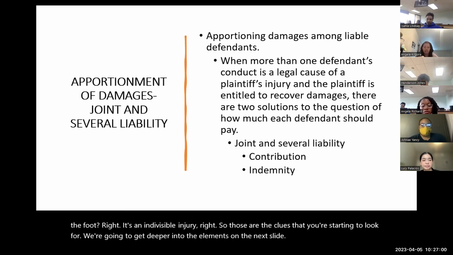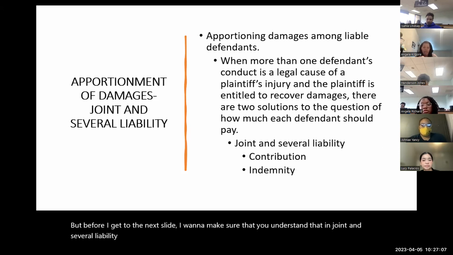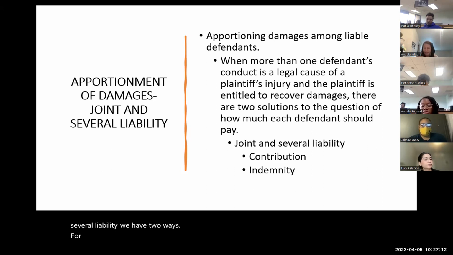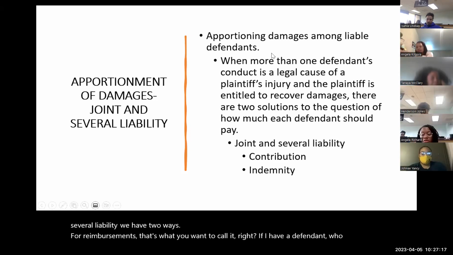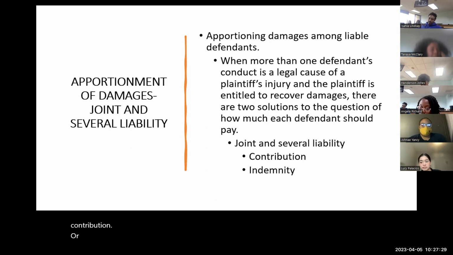But before I get to the next slide, I want to make sure that you understand that in joint and several liability, we have two ways for reimbursements, if that's what you want to call it. If I have a defendant who pays more than their fair share, then I have a defendant who can either exercise the doctrine of contribution or exercise the doctrine of indemnification to get back the overage that they've paid.